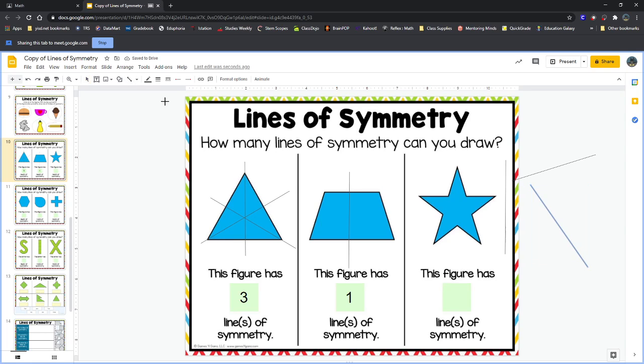It's got another going diagonally again. And it has another going diagonally like that.